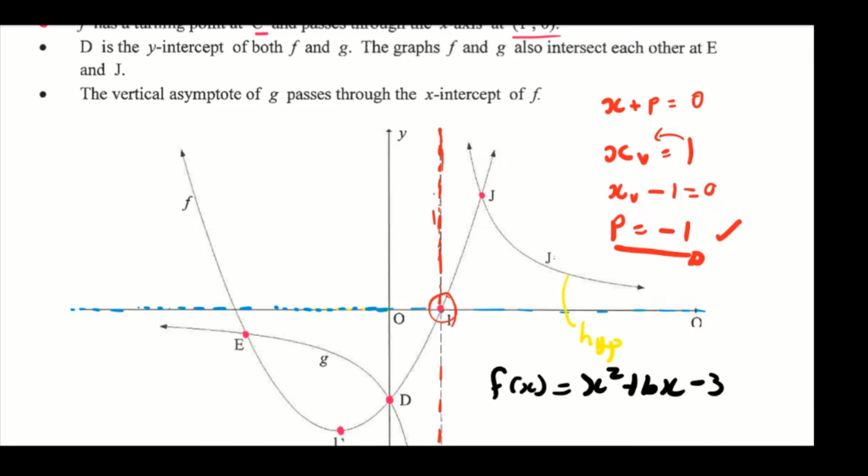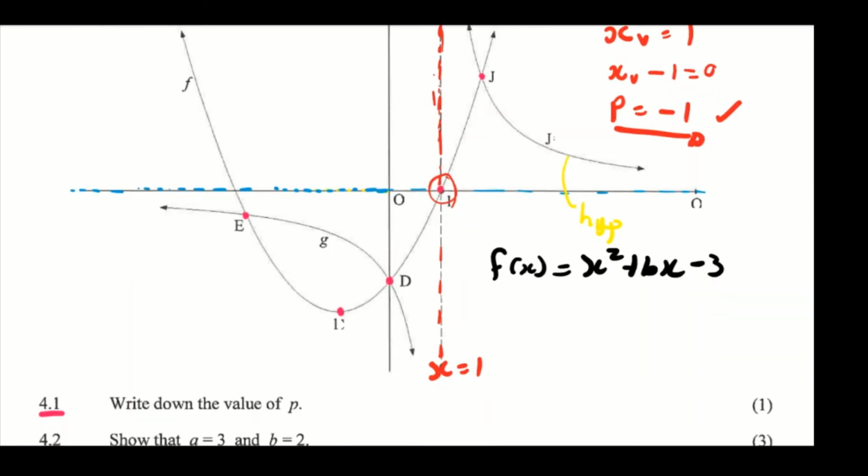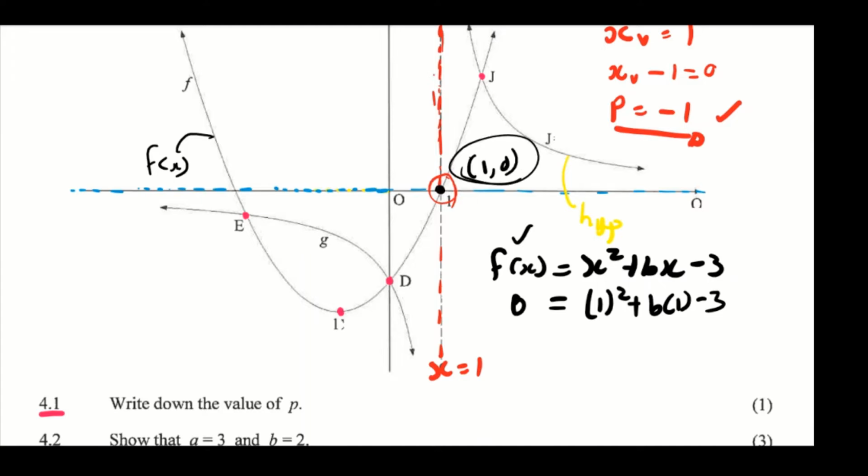So for us to find this b, because this is f of x, if we use this point here, which is 1 and 0, it means that y is going to be 0 and x is going to be 1. So you're just going to substitute 0 here, and then 1 squared plus b into 1 minus 3, right?